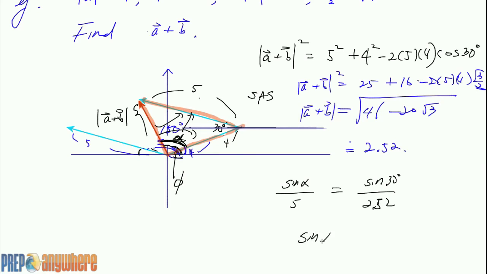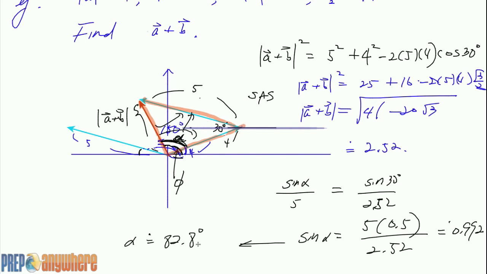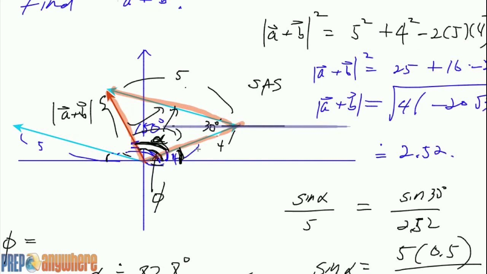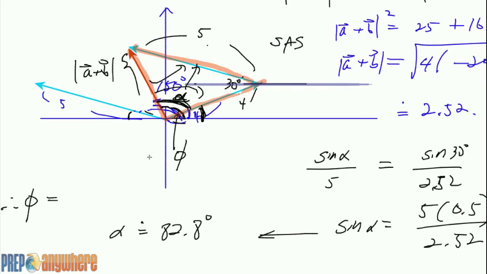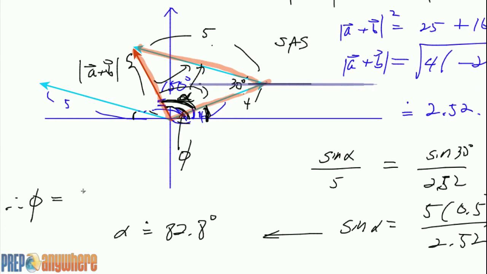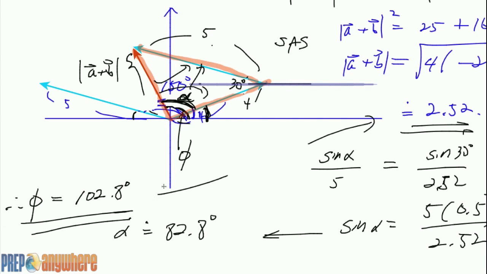So sine of alpha is 5 times sine of 30, which is 0.5, divided by 2.52. Put that in the inverse of sine and you get approximately 82.8. Therefore, phi is that plus the 20, so we add the 20 to the alpha we just found, which gives 102.8 degrees. This is the direction, and that is the magnitude. You have to state both to get the correct answer.